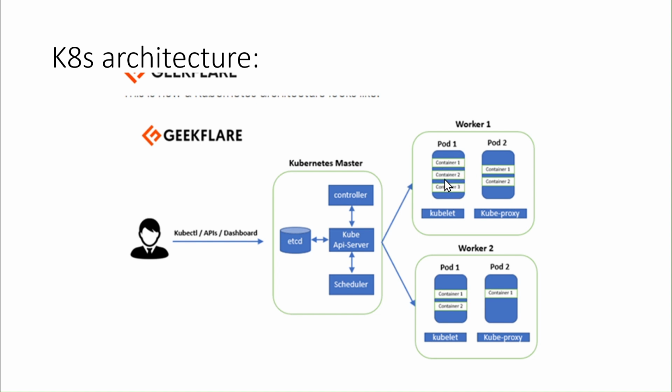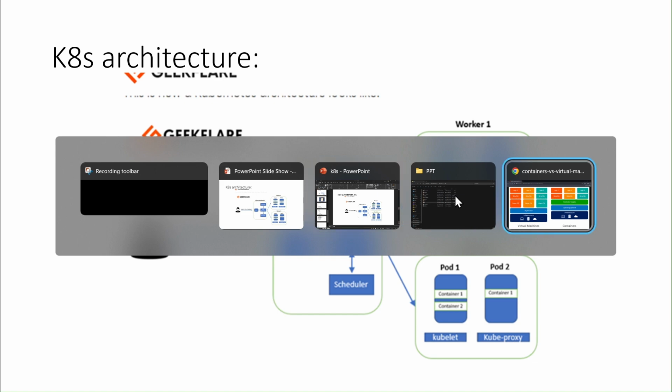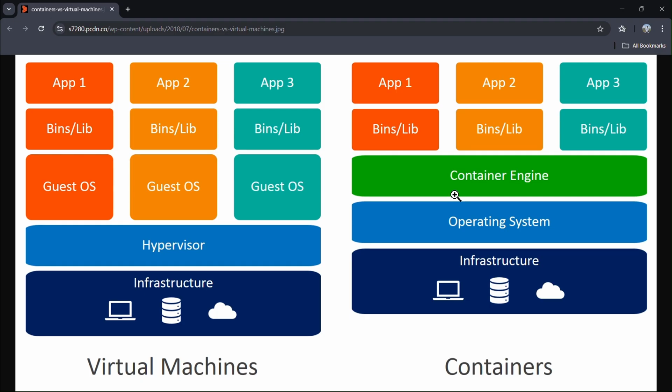Each container might have a different application or the same application. We are just virtualizing the software but not the hardware. This is the exact differentiation I can define. So this is all about the Kubernetes technology. Thank you.